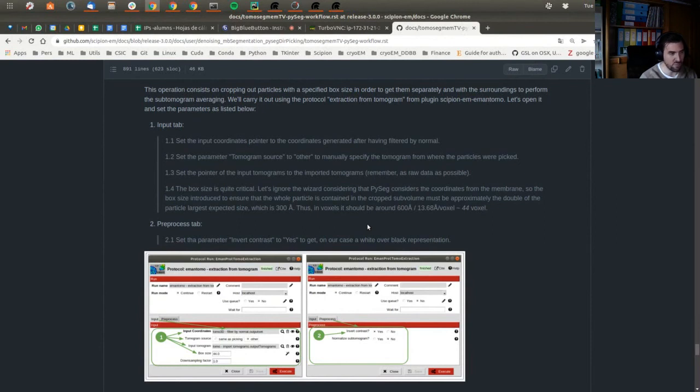So if we want a particle of 300 angstrom in our box, and considering that the center of the box is on the membrane, we have to consider double for the box size. Why is that? Because you will have 300 from the membrane to the outer surroundings and 300 to the inner surroundings. And with the sampling rate, we can estimate the size, which in this case will be 44 voxels.